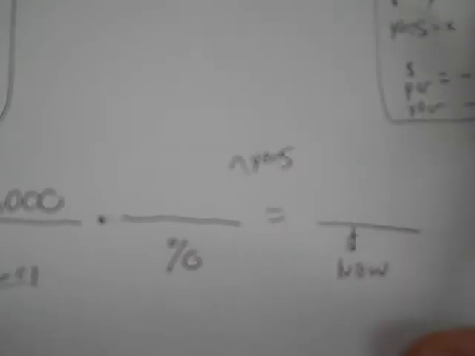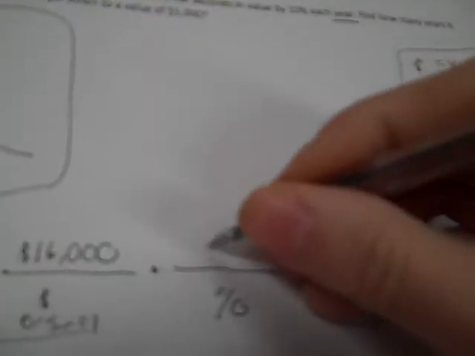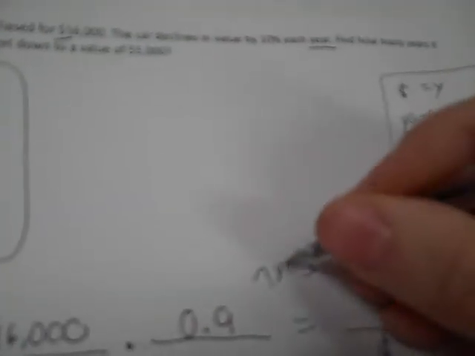Now my percent factor, okay? You got to take one whole and minus 0.10. This time you're minusing because it's going down. Okay, 0.9. Again, you have to take the one whole and either add or minus the percent decimal. The years again are unknown, so that is an X variable, and then the new amount is 5,000.